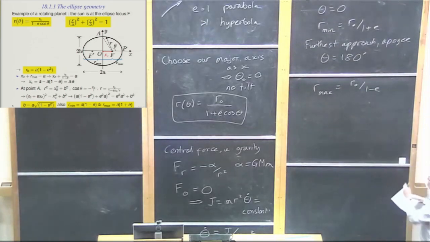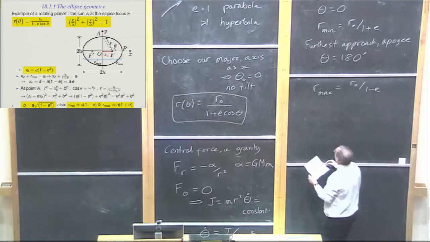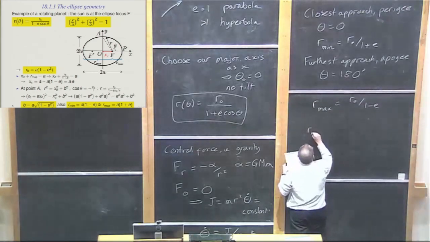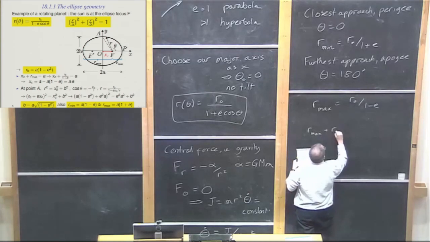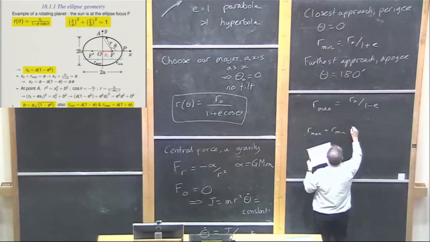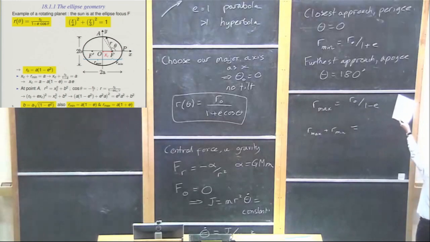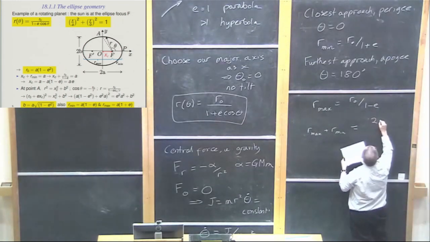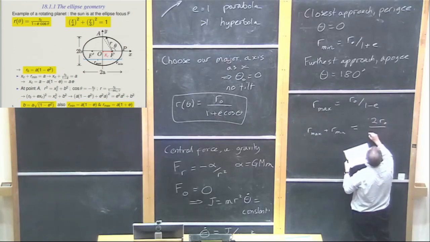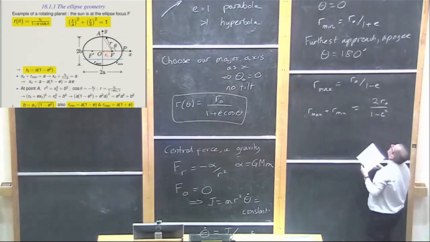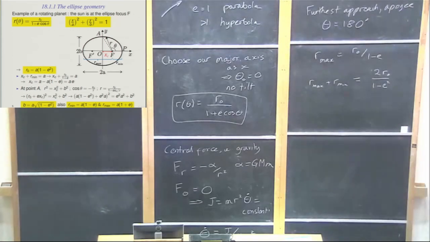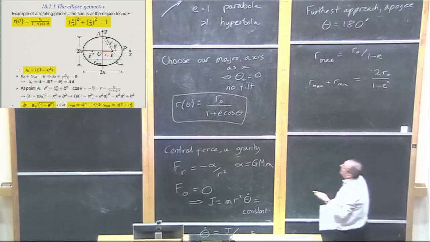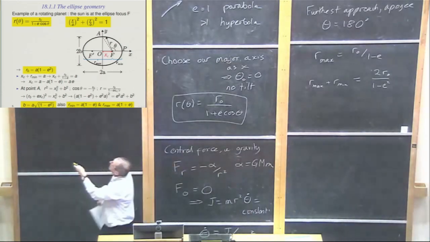Now let's add those together. We have r max plus r min. If you add the right-hand sides of these two things, you end up with 2r0 over 1 minus e all squared. I skipped one intermediate line, but that is trivial. R max plus r min, let's look at our diagram.